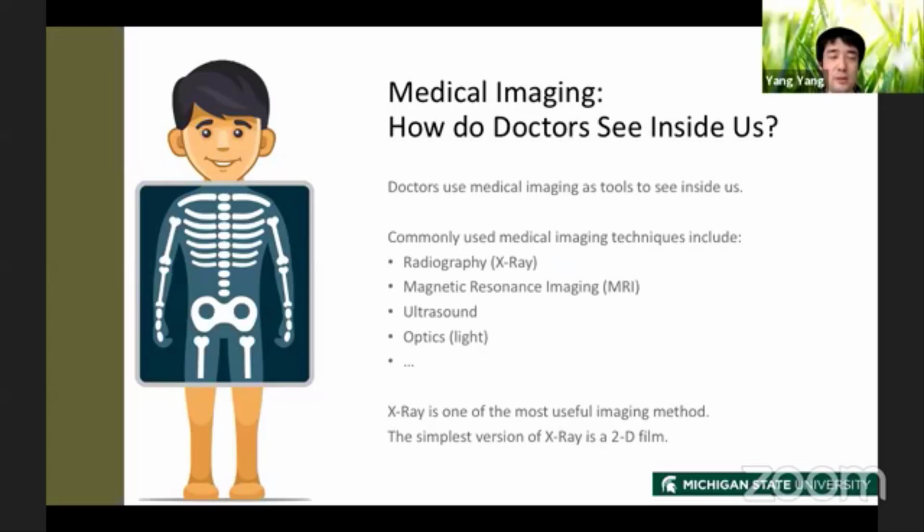For example, we can use visible lights for imaging. And this is probably pretty surprising, that there are also techniques that use the lights on your cell phone for imaging nowadays. But among all these techniques, X-ray is the one that is most useful. So today we'll take X-ray as an example to introduce how medical imaging works.